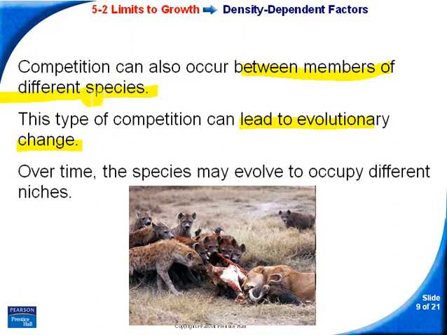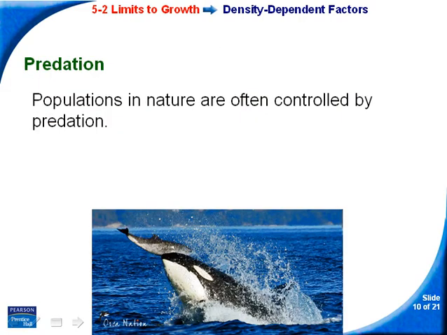And what happens is they become so different, the 2 species, that they will occupy different niches over time. And that being the case with the hyena and the lion, they may compete over the same food, but there are other resources that they're not competing over, so they're in different niches.